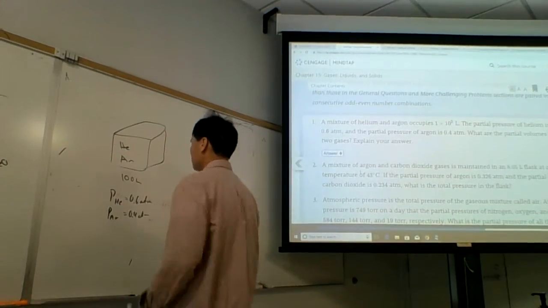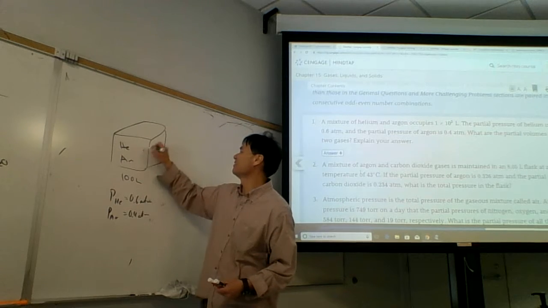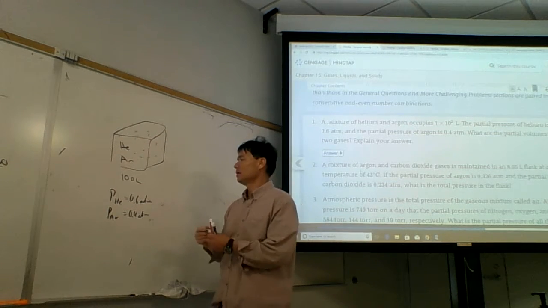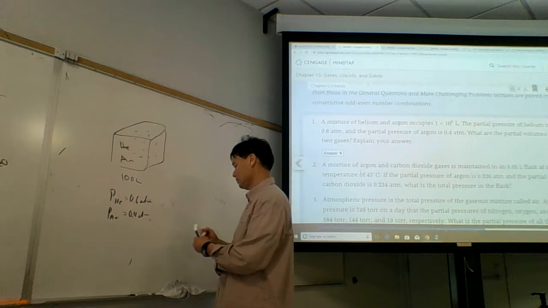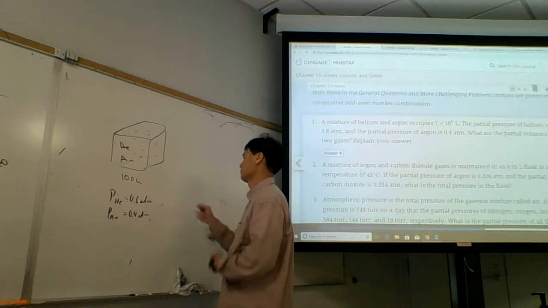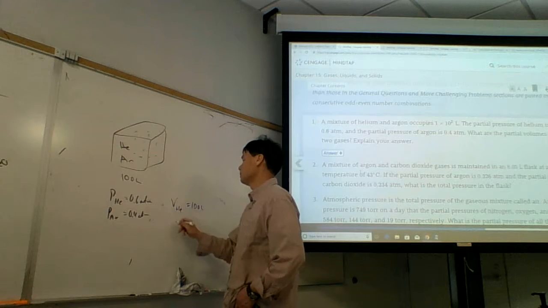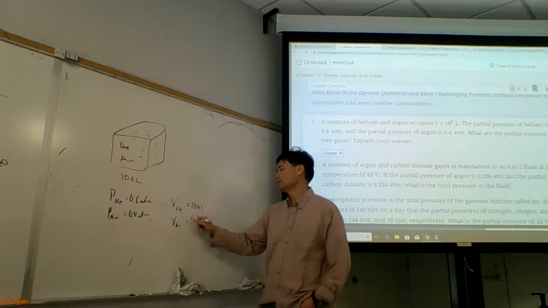That's right. So if the helium is 0.6 atmospheres, and 60% of the collisions are from helium, the volume of helium is 100 liters. What is the volume of argon? 100 liters.